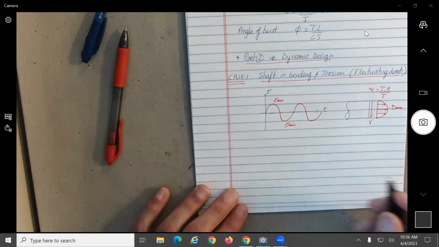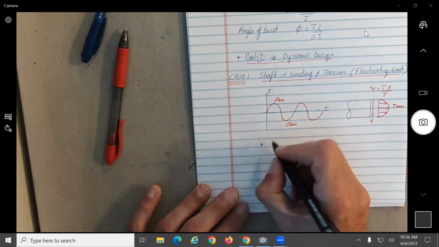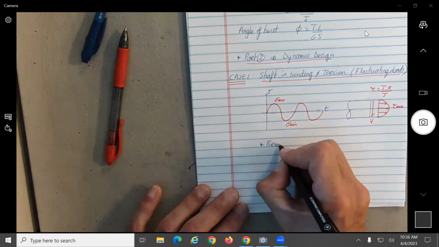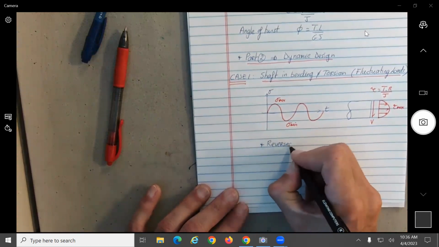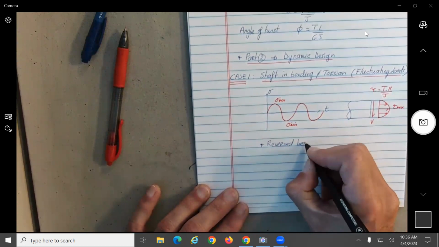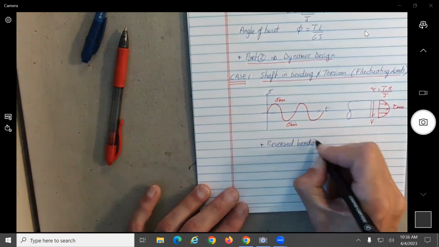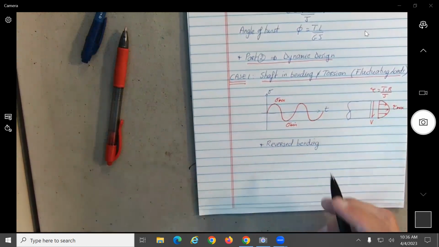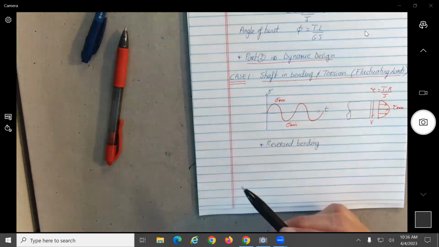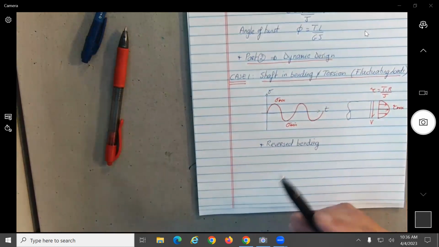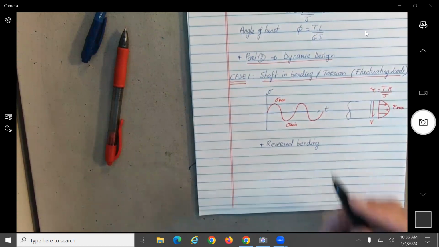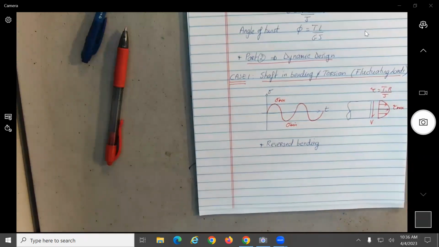Okay, so this is the case of reverse bending, because you will transfer all the time the same amount of power. Let's say you have a machine, an equipment that works at a constant RPM. The torque at a constant RPM will be basically almost constant. So reverse bending, due to the motion, the structure will be bending up and down.